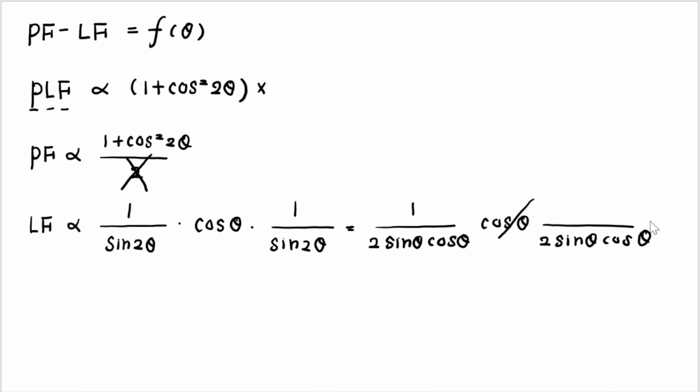Cosine theta is the same. The result is 4 sine theta square cosine theta, right? This 4 is a certain constant value, so we just ignore this 4.